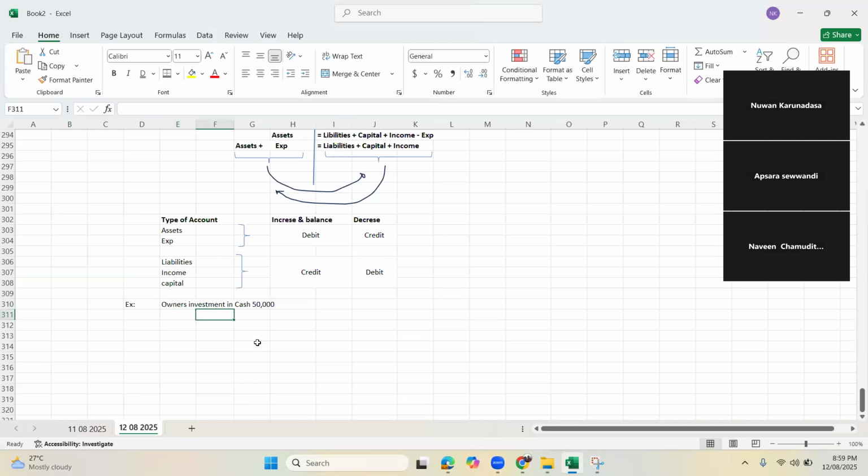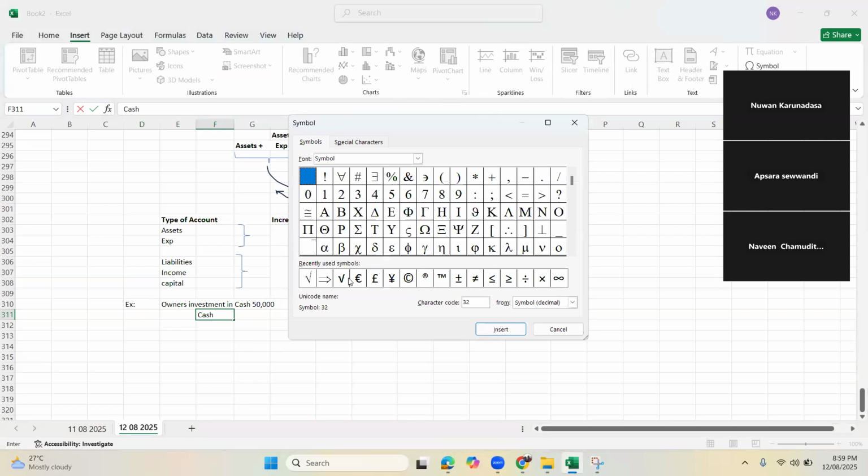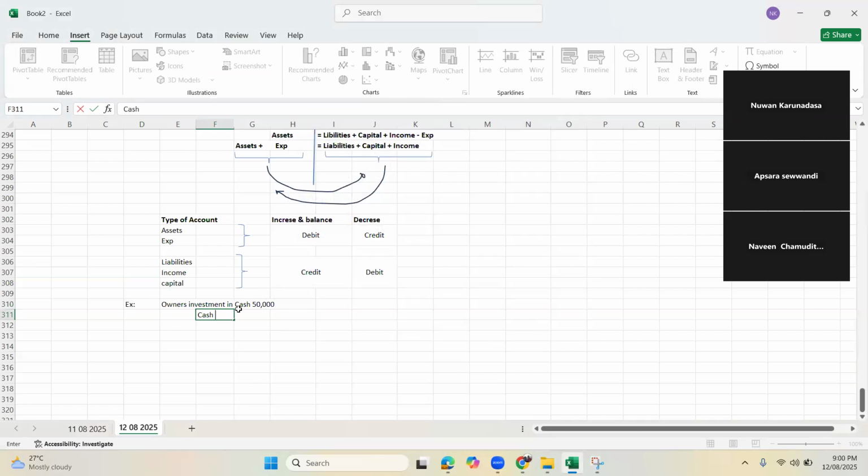So owner's investment in cash 50,000 means what's coming in? Cash. Now see, cash increases. Cash increases means asset increases. I'm using the plus for the increase.